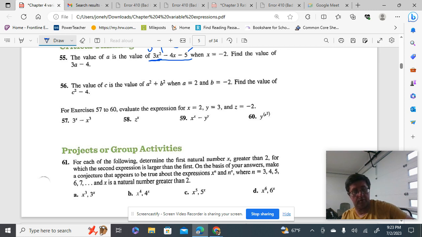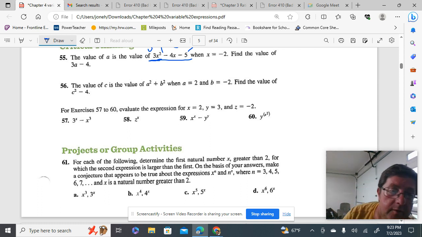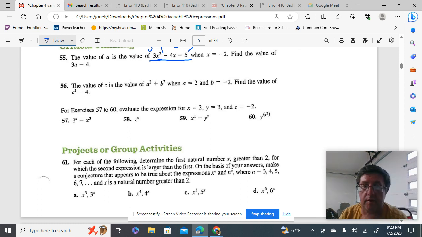Judy, make sure to text me and tell me if we need to go over this lesson a little bit more. All you're doing, though, guys, for this is substituting numbers in for your variables. So like number 57, it's 3x. Well, what does x equal? X equals 2.